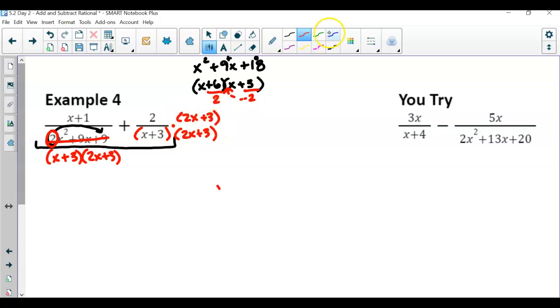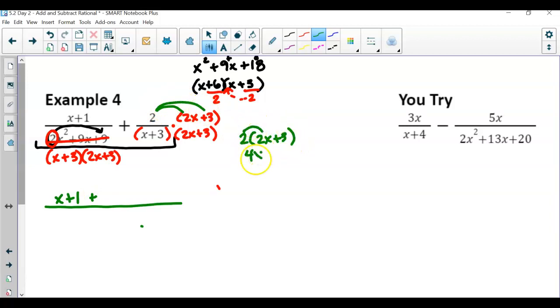Now I'm going to continue on so that we can add our two expressions here. Nothing we need to do with the first because it already has our denominator we need, x plus 1. Then plus, we are distributing 2 here. So here, 2 times 2x plus 3. Well, 2 times 2x, 4x. 2 times 3, 6.